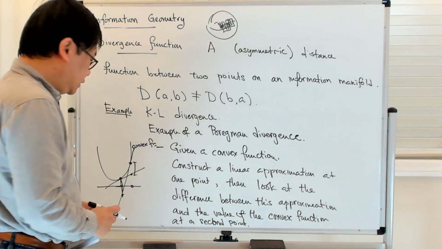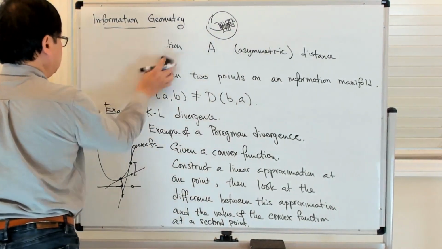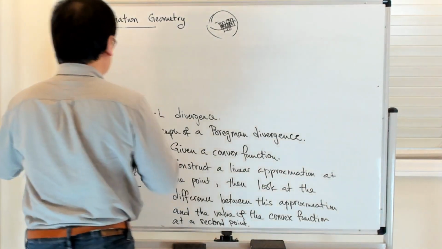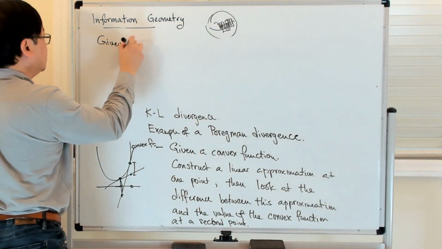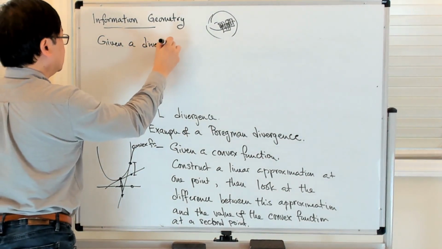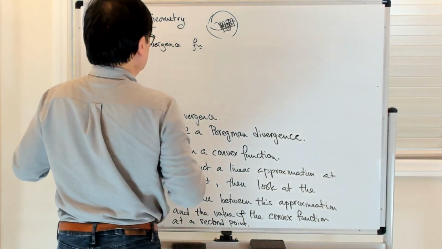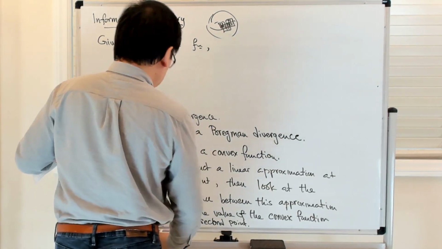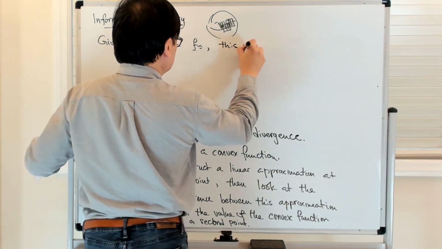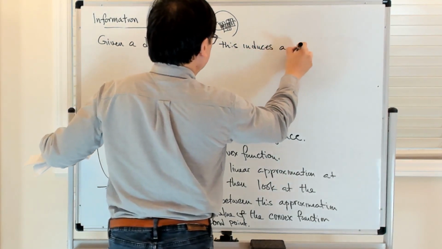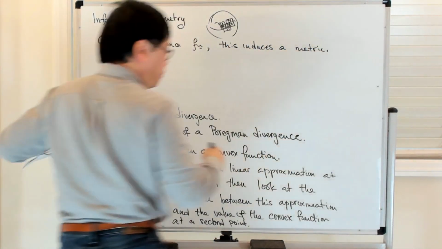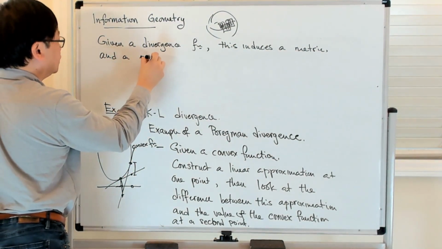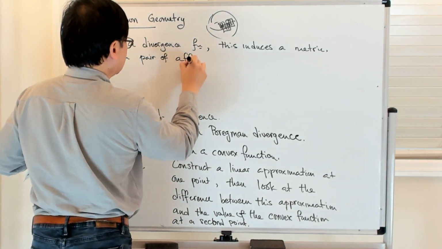All right, so there are certain things which come out of it. So what will happen is that given a divergence function, right, this induces a metric, and in general a pair of affine connections.